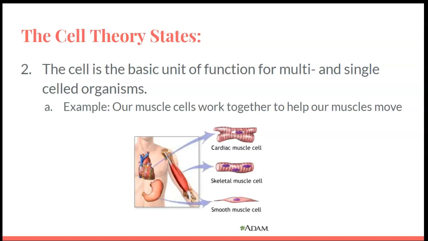Our cardiac muscle cells expand and contract together to keep our heart beating. That is necessary to have an organism stay alive, right? As you are walking, your skeletal muscles expand and contract together. That's necessary so that organisms can move and get to where they need to go. So that is the second part of our cell theory.